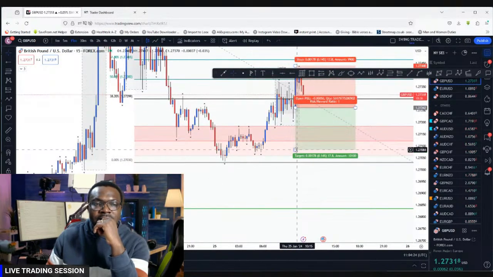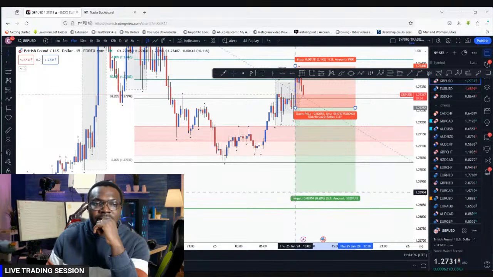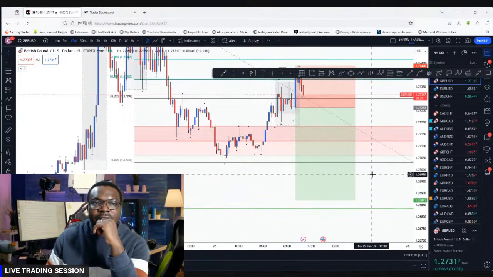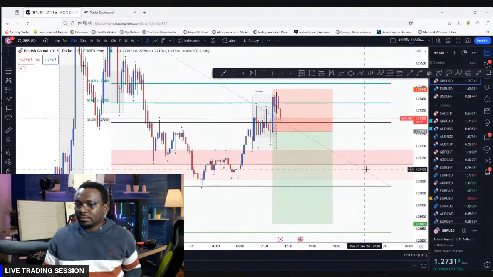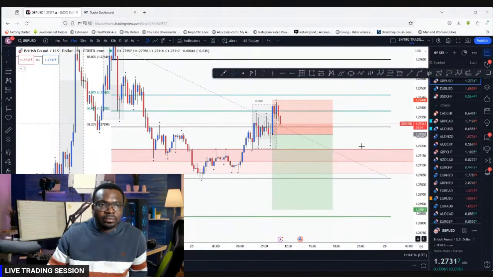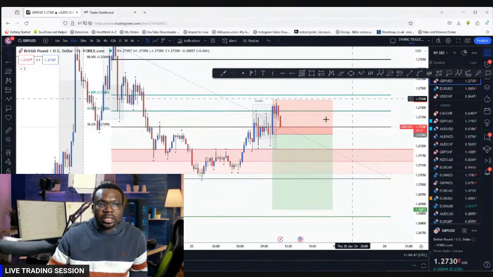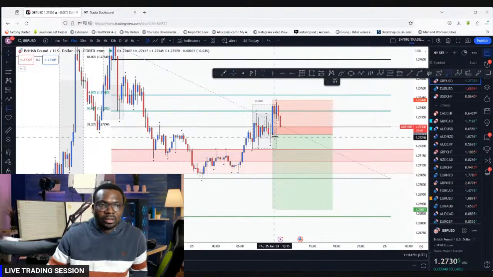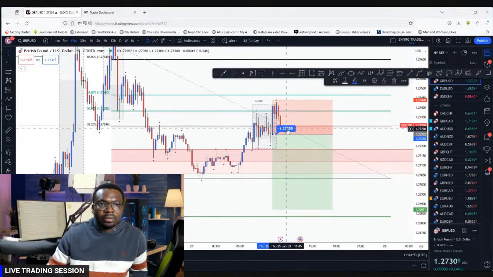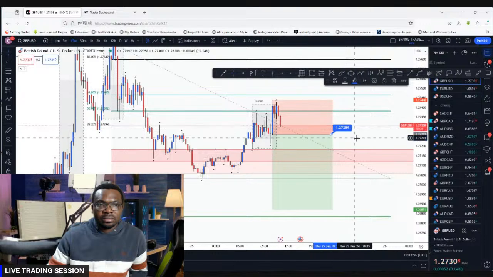Not too bad. And that would be okay. Okay, not bad. We can still get 1 to 2. All right. So it's a good setup. But I was just thinking that the candle was too big. But the sweep happened in there. So I'm waiting for. So that will probably be our sell zone.